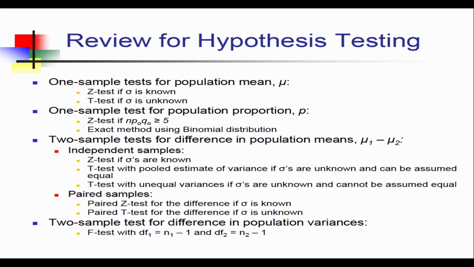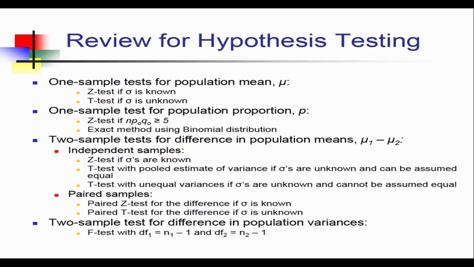If the population standard deviation is unknown, we use the t-test. So the trick is whether the population variance or standard deviation sigma is known or not. If known, we always use the z-test. If unknown, we always use the t-test. In practice, this sigma is always unknown, so the most commonly used test is the t-test.